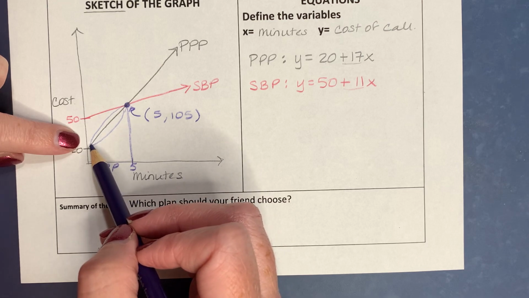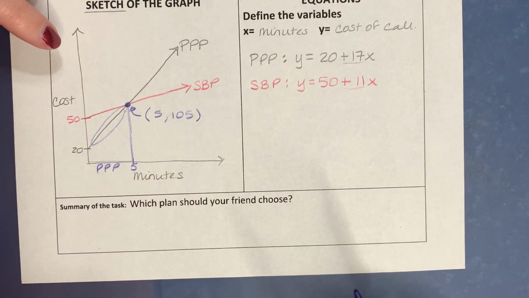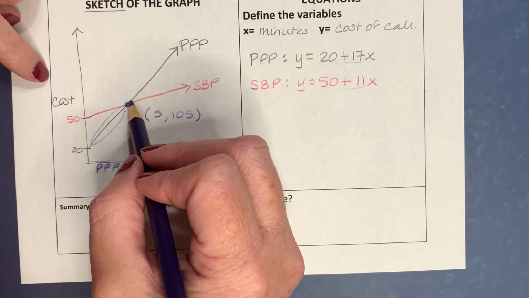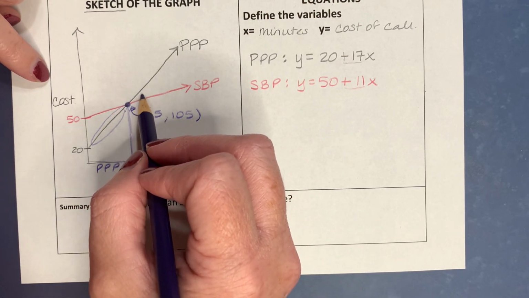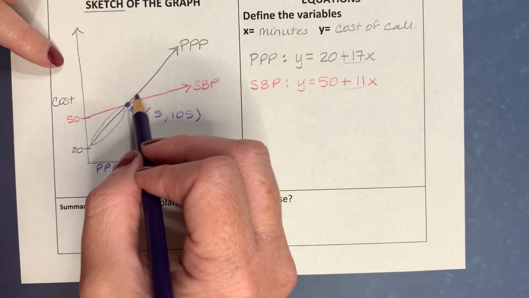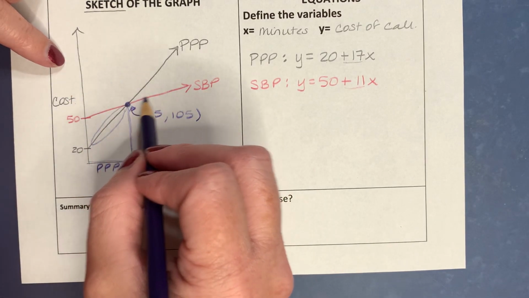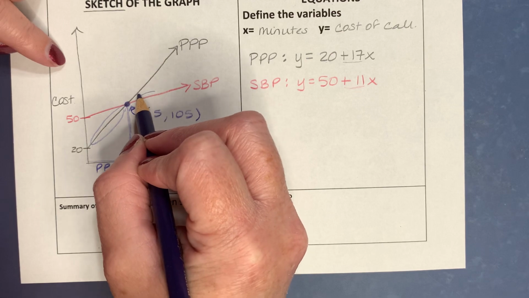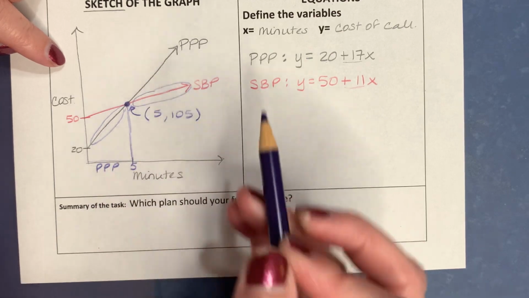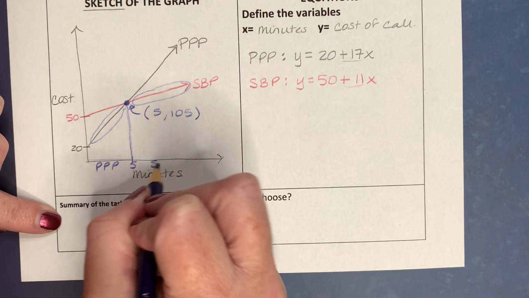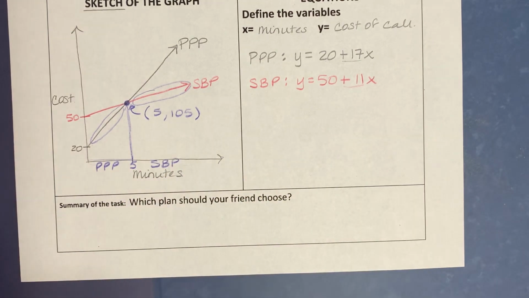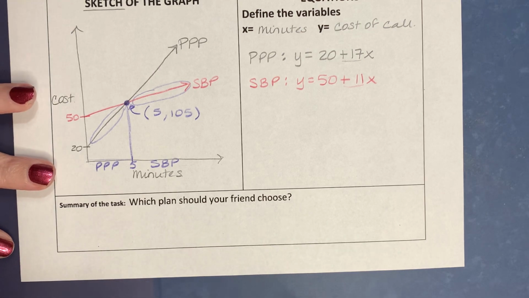After 5 minutes, which company is cheaper? Well, SBP is now cheaper. This is going to be more expensive. These have higher Y values, a higher cost. These are lower cost. I want to go with SBP if I'm going to be making phone calls that are longer than 5 minutes. So in order to answer this problem, the answer really depends on how long of phone calls he's going to be making.